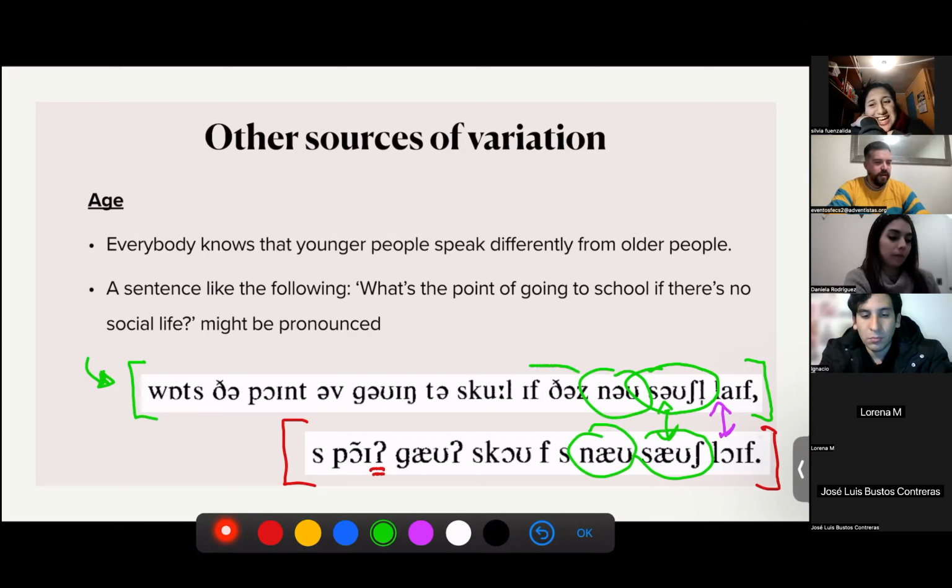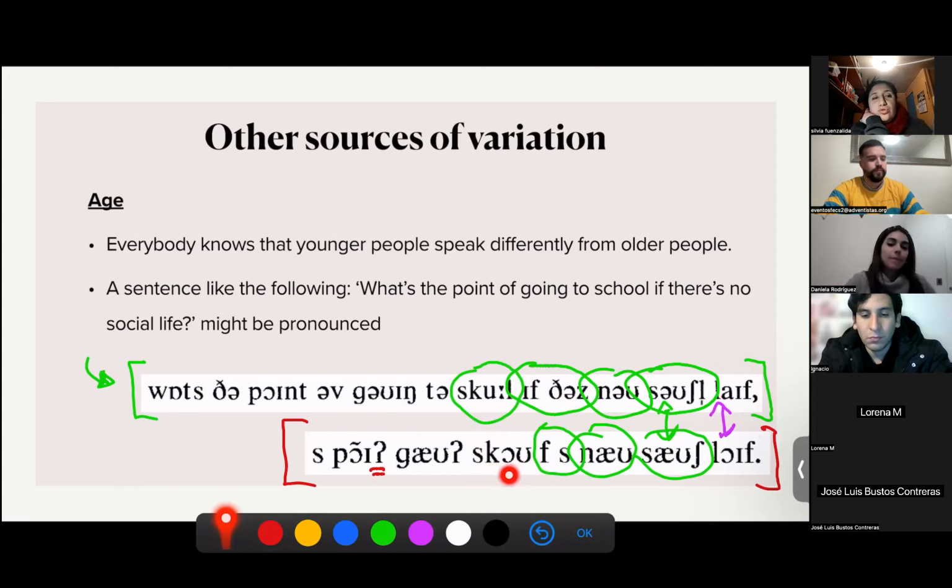In this one, oh my God, what happens here? In this one we have school, school, school.